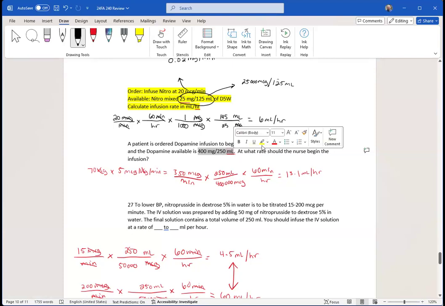So I already worked through this one, but you can see we take the patient's weight, 70 kilograms, times the 5 micrograms per kilogram per minute. I just solved for this, so I got 350 micrograms per minute. And then I turned that 400 milligrams into 400,000 micrograms and converted minutes to hours. You can do this any number of ways.